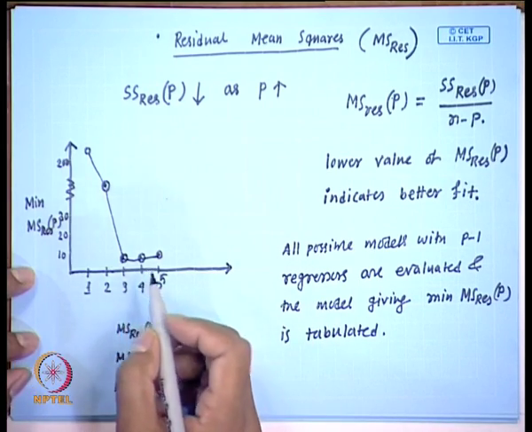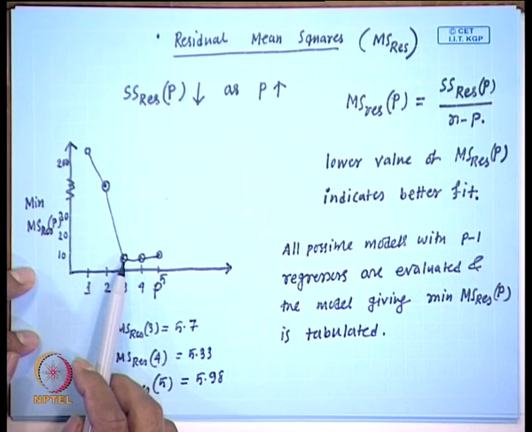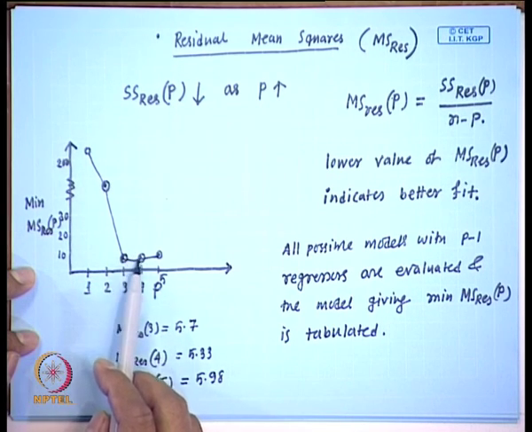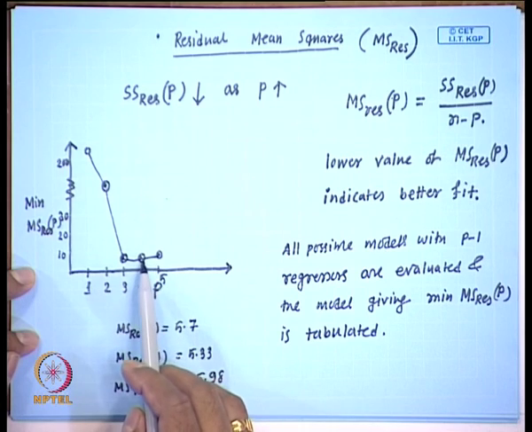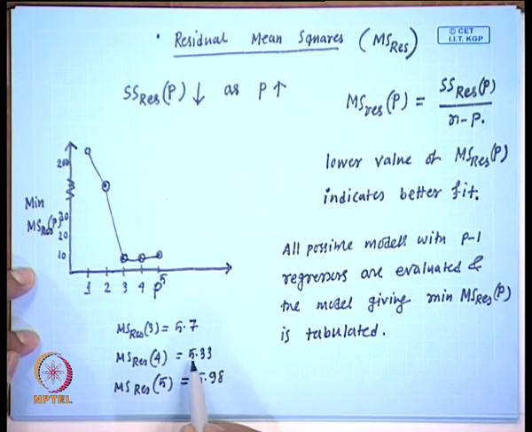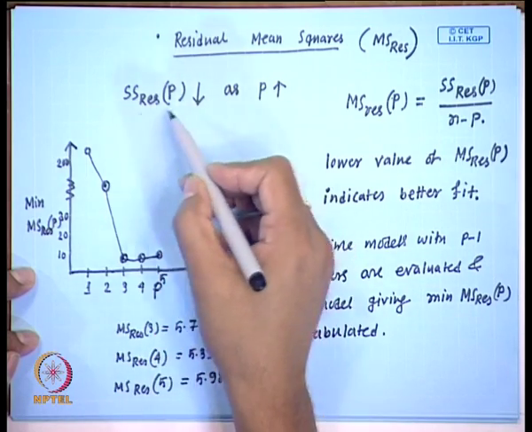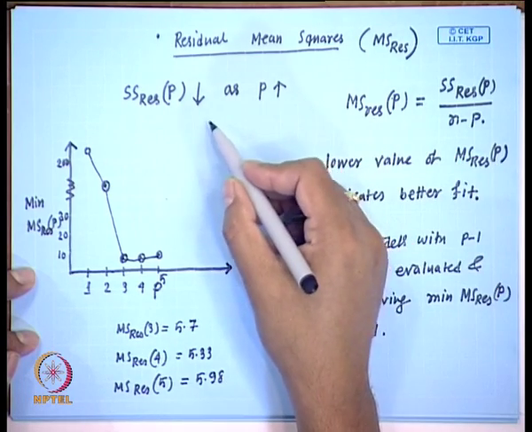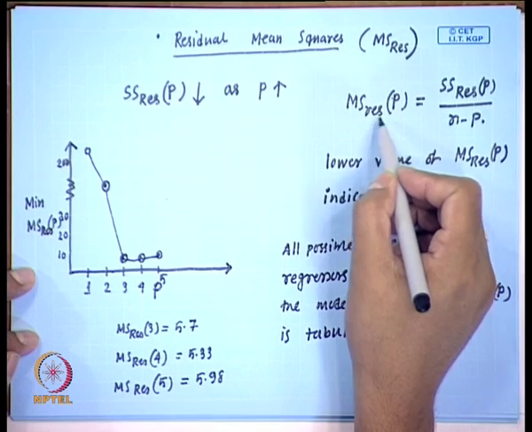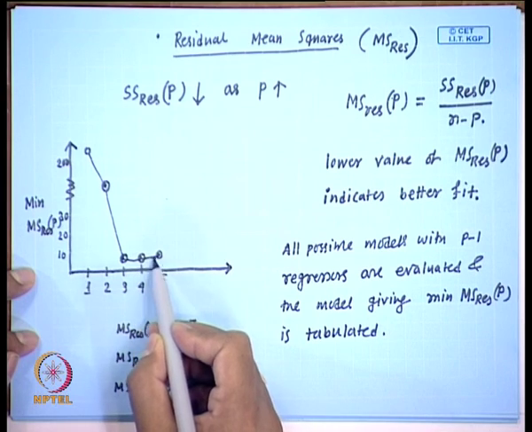So, what happens here is that initially MS residual decreases and then it stabilizes for some time and then it may increase also. So, here it is increasing a little bit from 5.33 to 5.98. This is because SS residual is always a decreasing function, but the same is not true for MS residual. So, it may increase also.